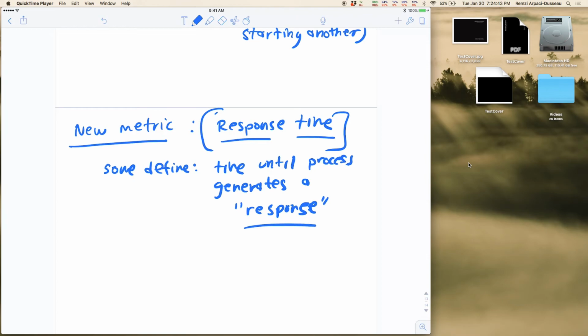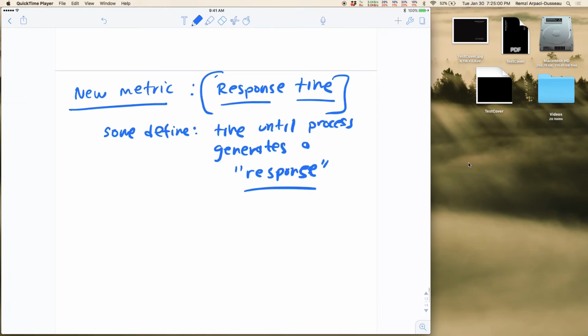I think that's really sloppy because it really depends on the program when it's going to generate a response. It might start running for a long time before printing hello, or it might immediately print hello. Or it might not even print hello because it's a very rude user process that doesn't even say hello to you. All are possible.